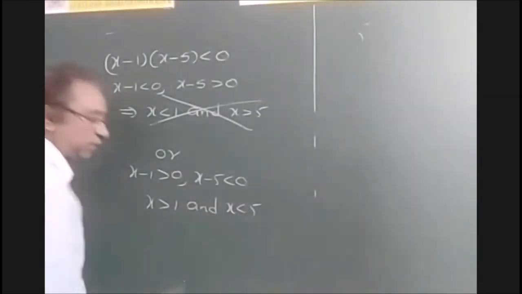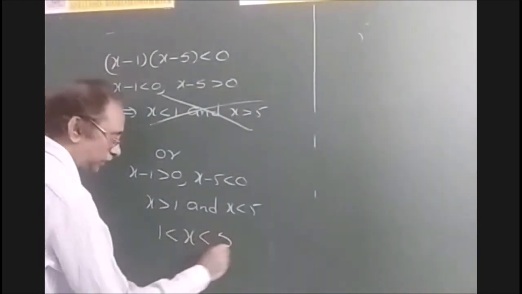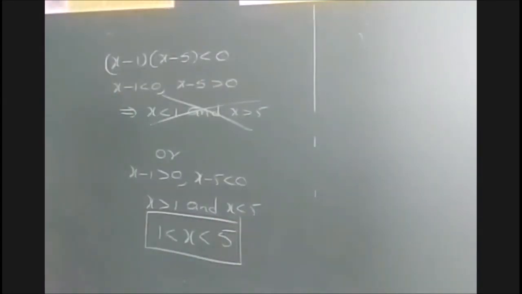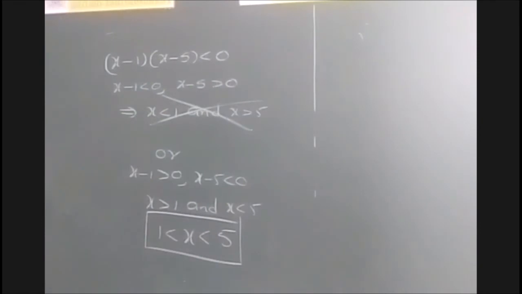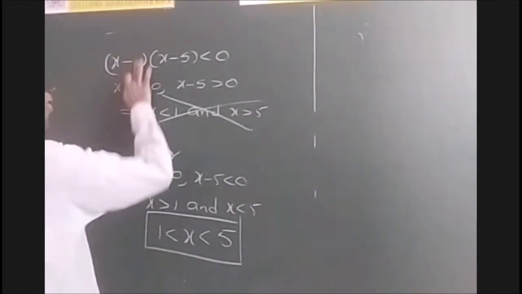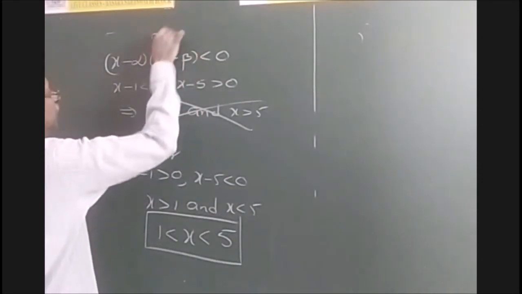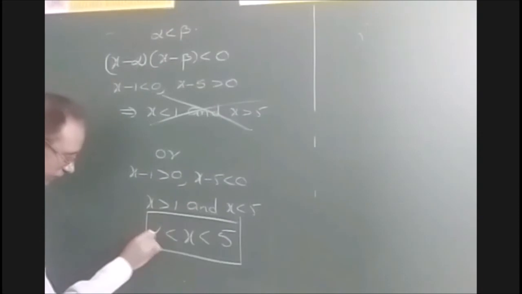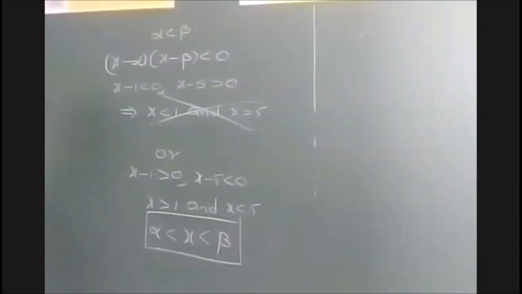Now see this one: x greater than 1 and x less than 5. That means x must lie in between 1 and 5. Similarly, if you replace with alpha and beta, suppose alpha is less than beta, finally this is alpha and this is beta.